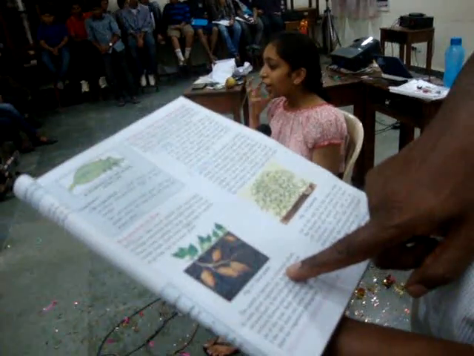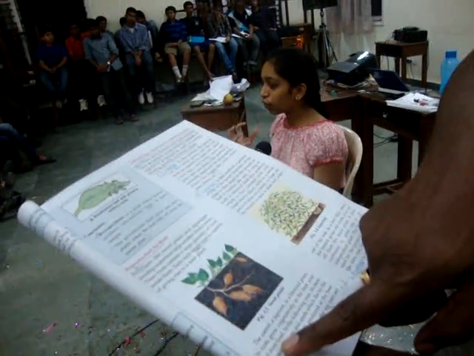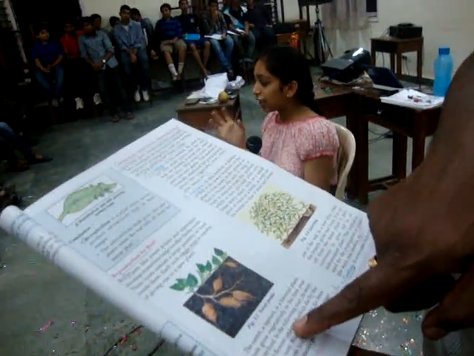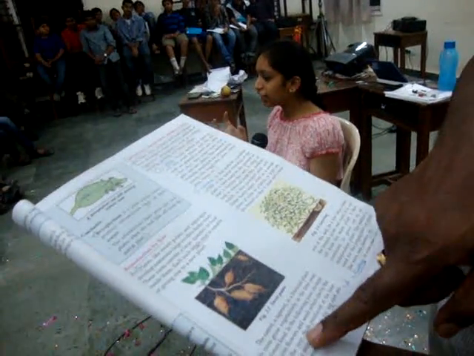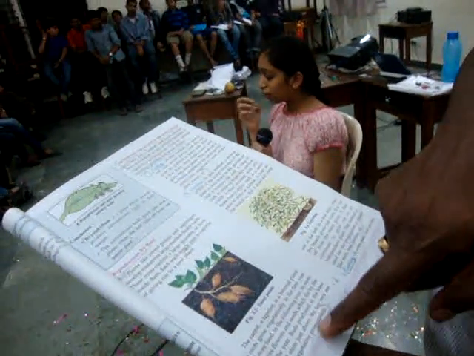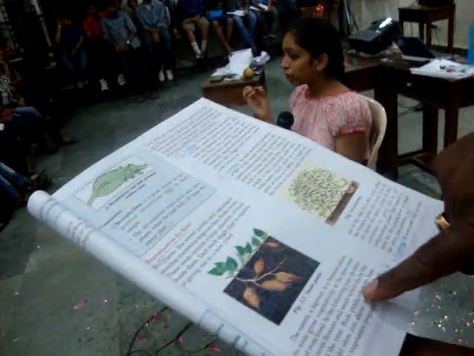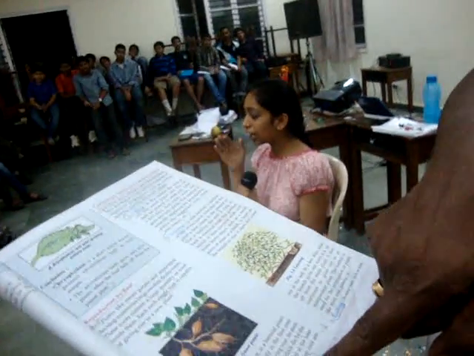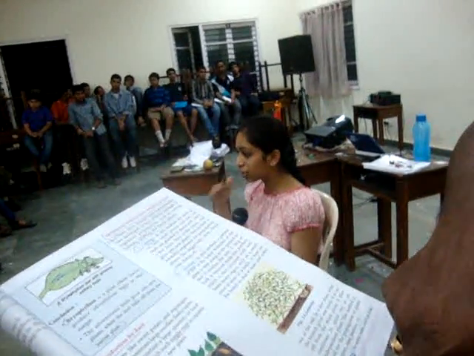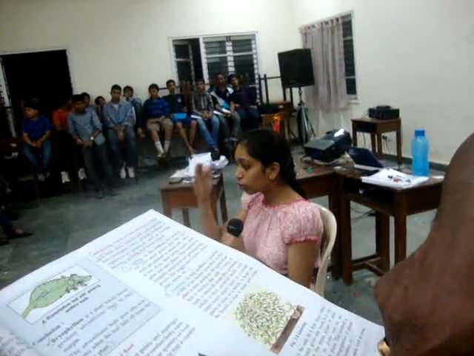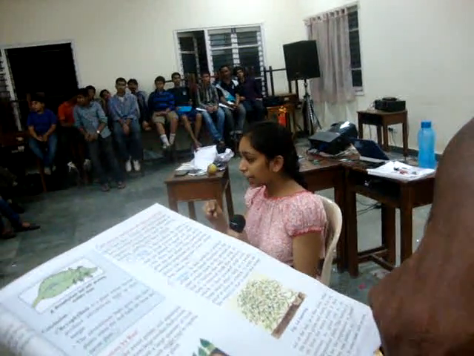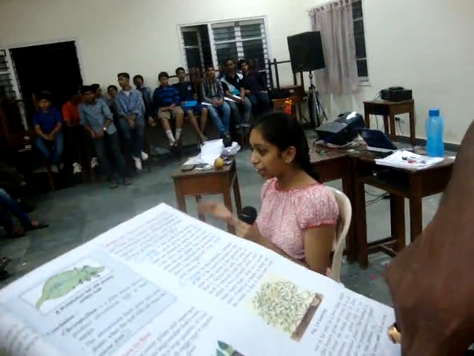For the first year, it prepares food for itself and stores the food, and then for the second year, for reproductive purposes, it stores this food at the end of the stem, just above the root, below the stem. And when we take this part and put it in the soil, we can get a new plant.